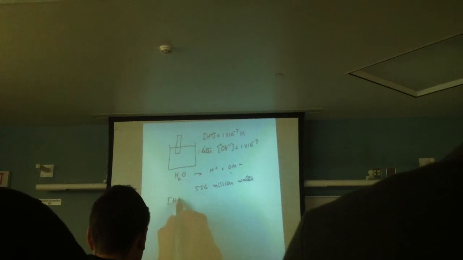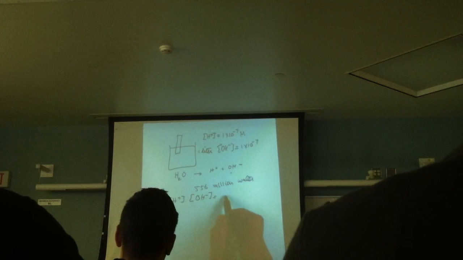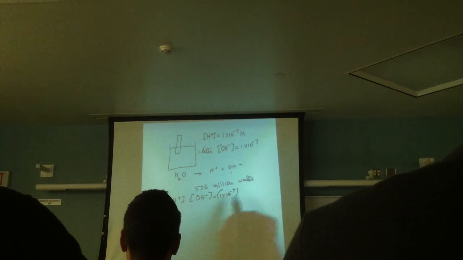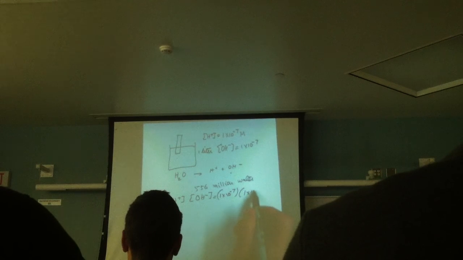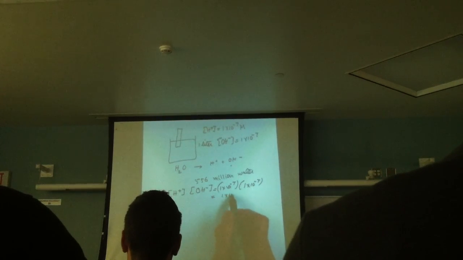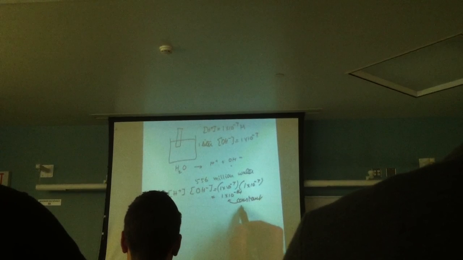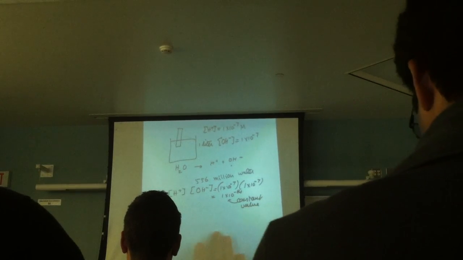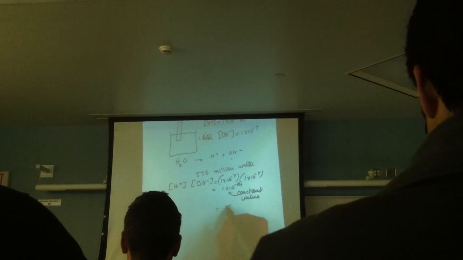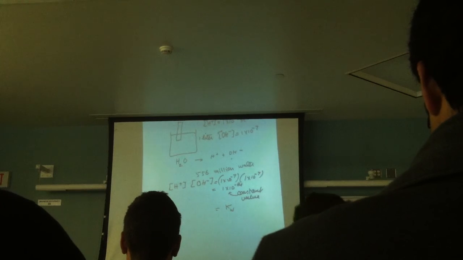Now, if you multiply the hydrogen ions and the hydroxide, what should you get? Are you going to multiply this column? And this value is a constant value. We call it Kw.